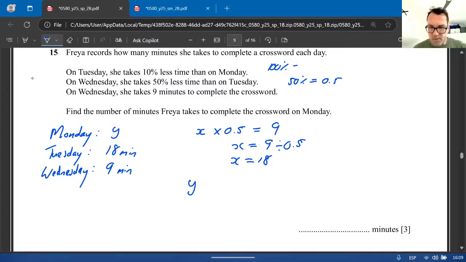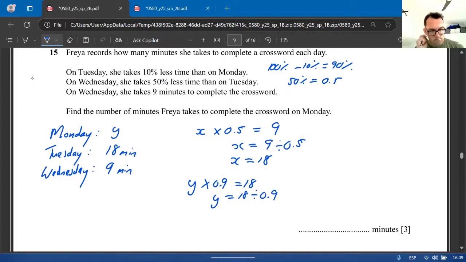You subtract 10%, you're left with 90%. So Tuesday is 90% of Monday, or you multiply it by 0.9 and then you would get 18. So what do we need to do? We do 18 divided by 0.9. How do you do 18 divided by 0.9? It can't be this hard. Look.